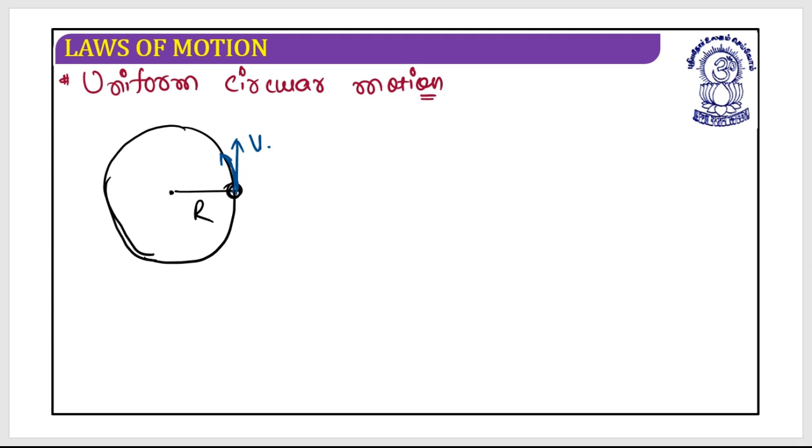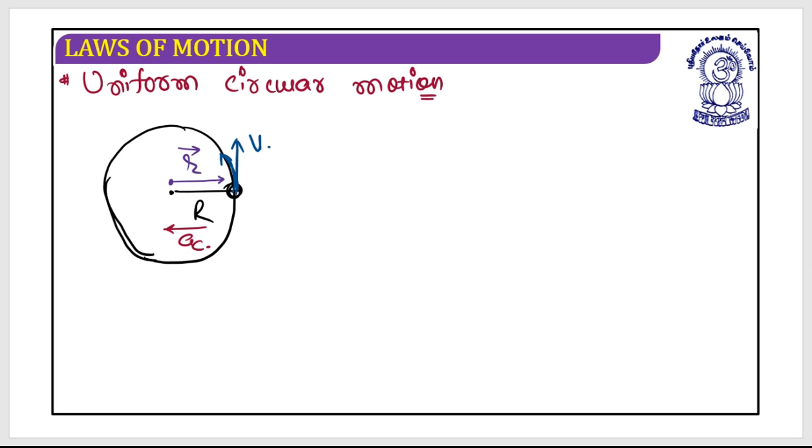Position vector always represents from the origin, which in a circle we understand as the center. So r would be in this direction, and as we have discussed, the centripetal acceleration always acts towards the center of the circle. It's an AC, something like this.